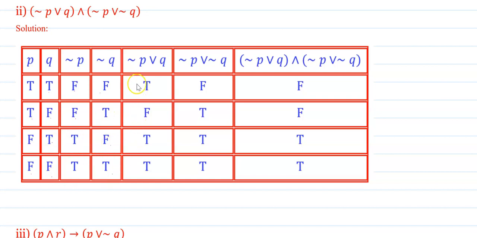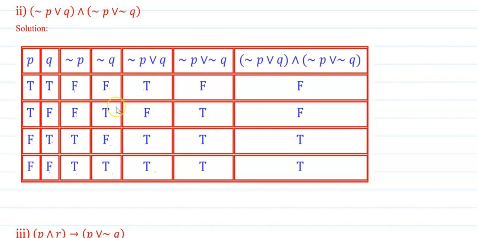Next we will find out the or between negation of P and Q. T or F is T, F or F is F, T or T is T, F or T is T. Okay. And now next the or between column number 3 and 4.